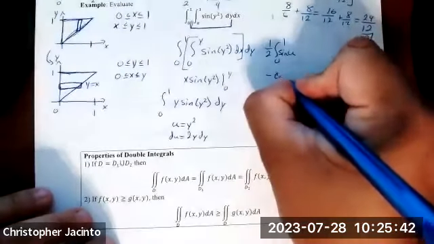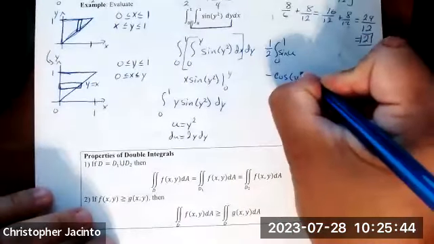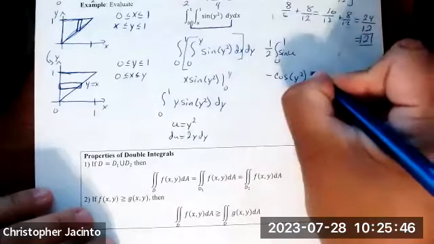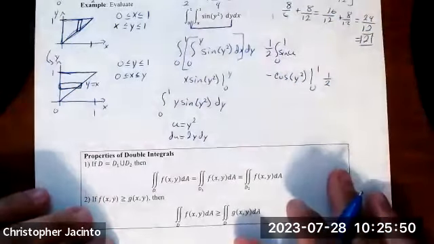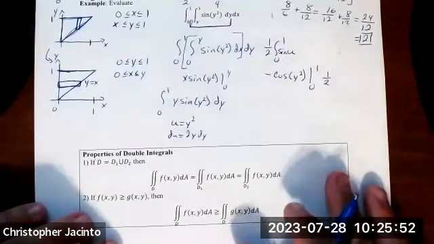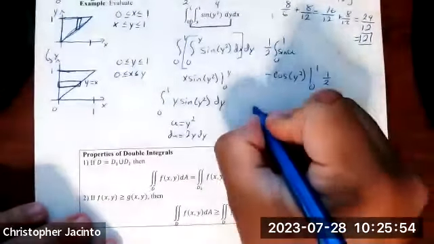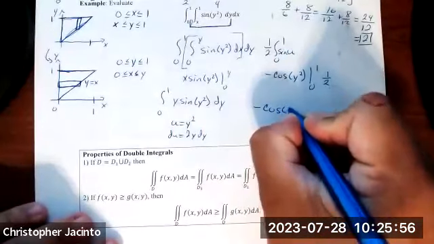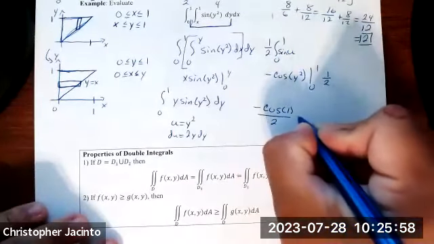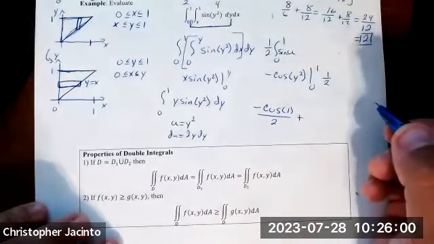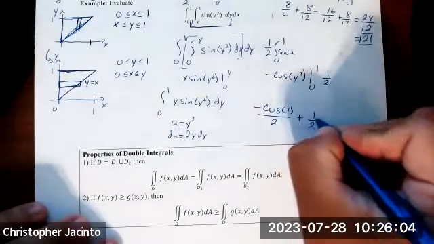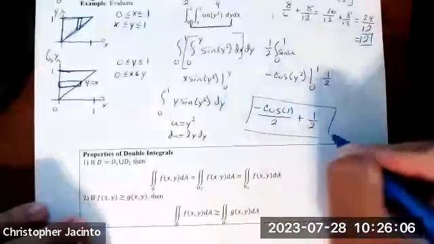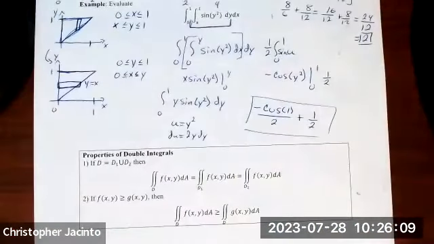So this is negative cosine of y squared evaluated from 0 to 1 times the 1/2 at the end, which is much easier to find. Plug in 0, you get 1, so this ends up being 1/2. I'm not sure what cosine of 1 is, but that's what we get.